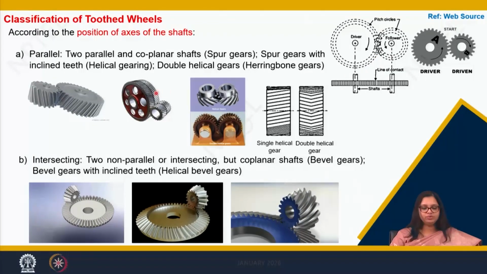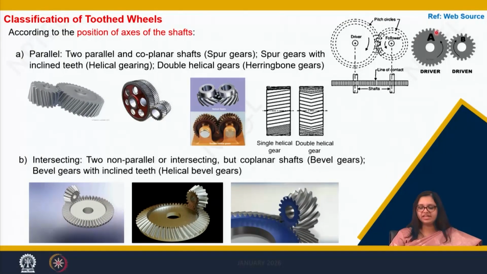Again, these spur gears may have inclined teeth. Here you can see they have straight teeth. However, they may have inclined teeth, which we call helical gears. Again, they are classified under parallel and coplanar shafts.